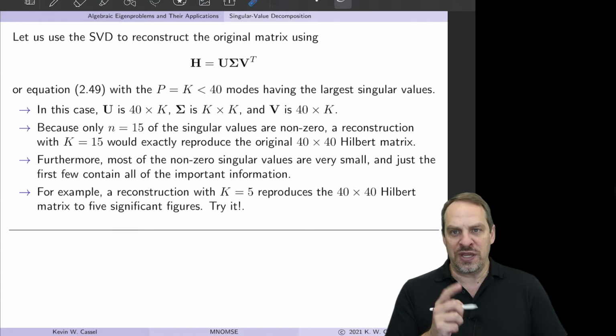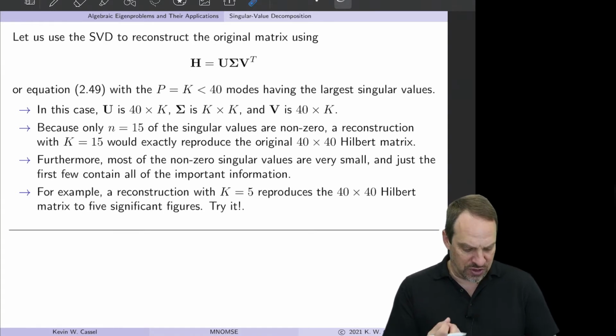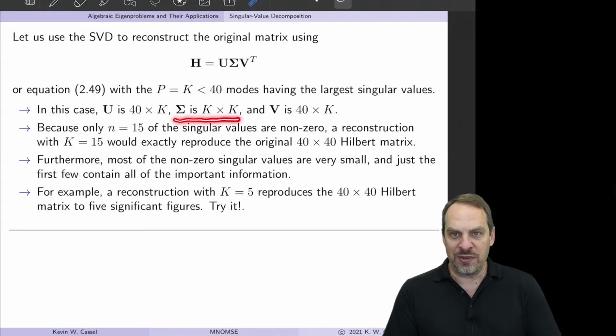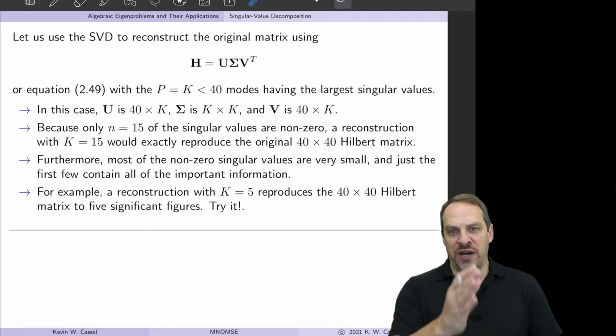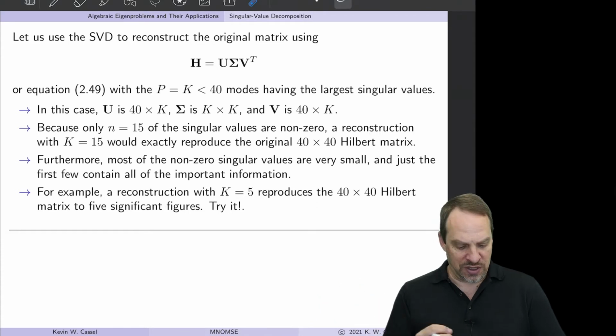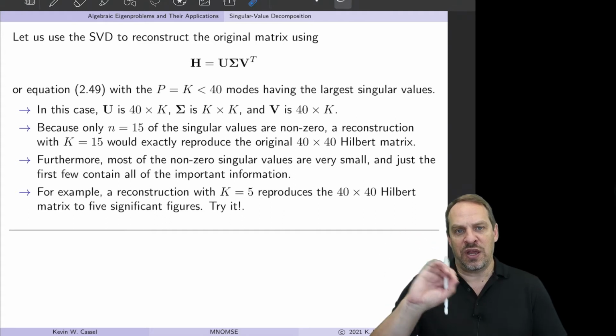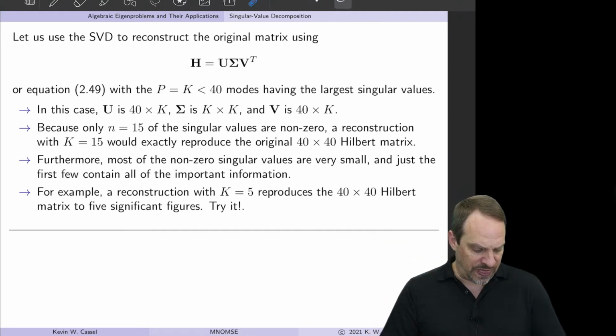So if I only keep capital K of the modes, then U would be 40 by K, sigma would be K by K, and V would be 40 by K. All right? So we've literally gotten rid of columns of U and columns of V, as well as columns of sigma. And we've thrown away the corresponding sigmas, U, and V vectors.